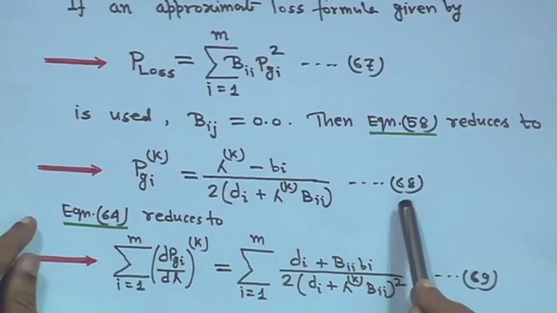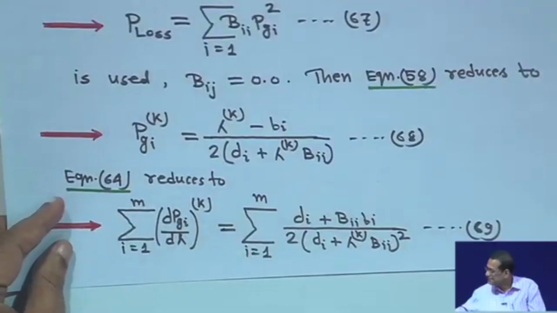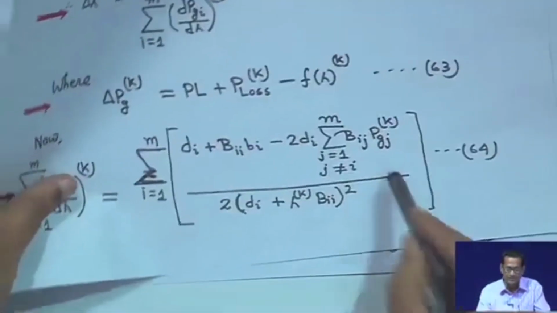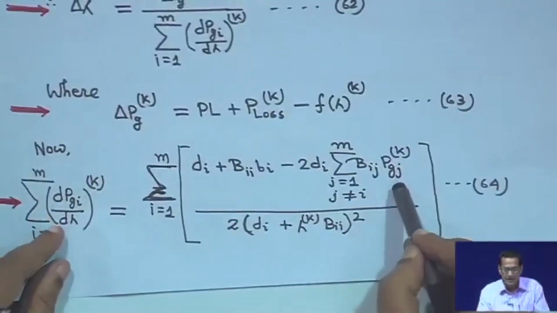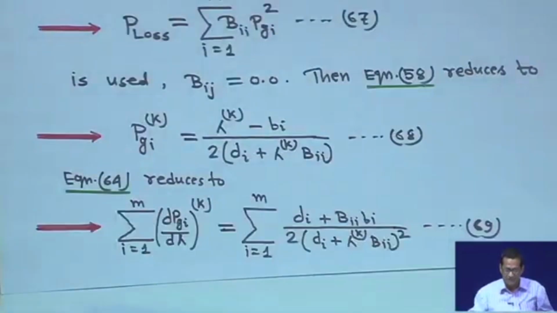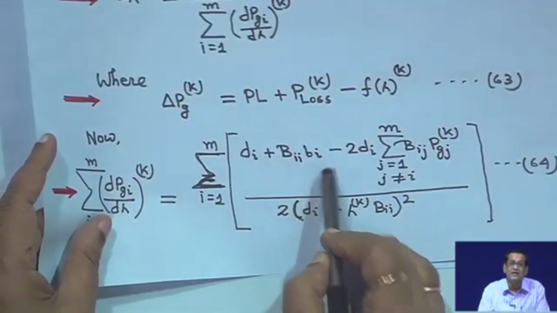This is equation 68. Then in equation 64, the Bij term is not there.